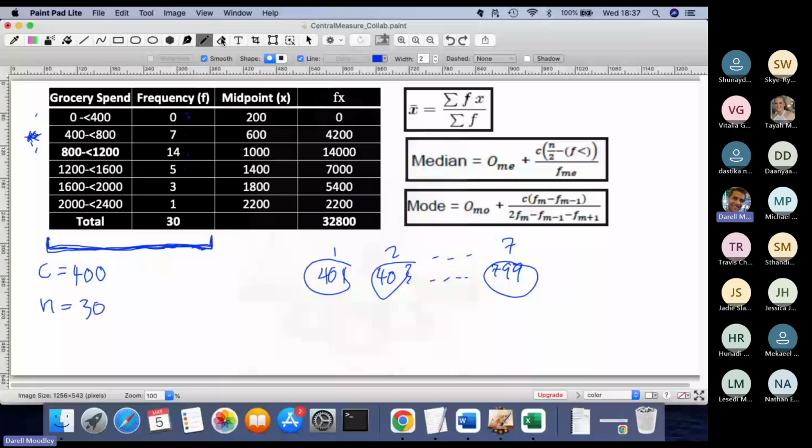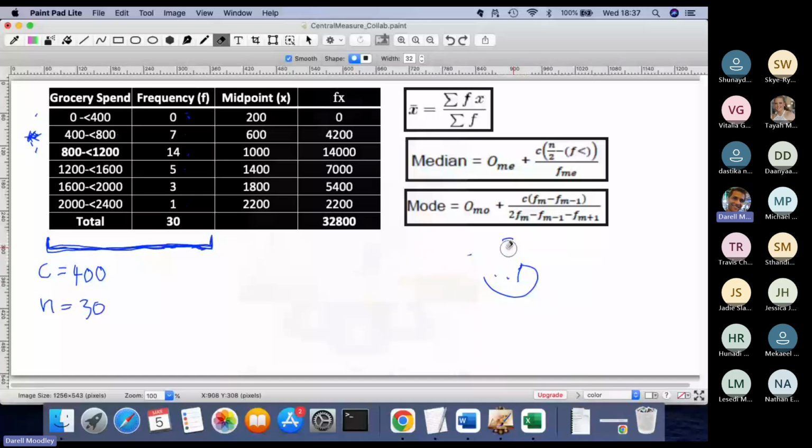So when our data is grouped like this, the best we can do is make estimates. And how we make those estimates is we assume that they spend the middle value of the interval. So if you look at this second interval, the middle value is 600. And how did I get 600? Well, the upper limit is 800, the lower limit is 400. So the midpoint is halfway between that.